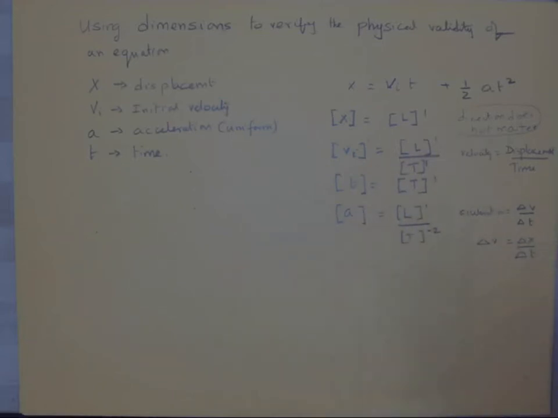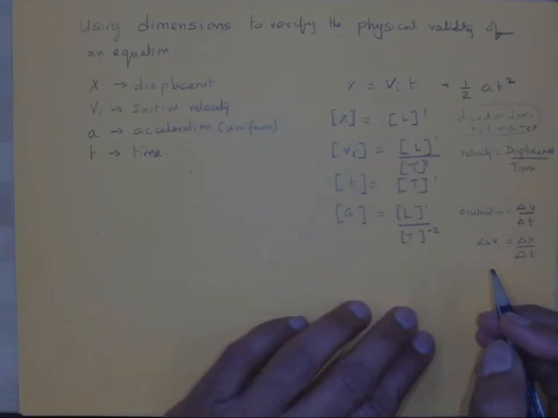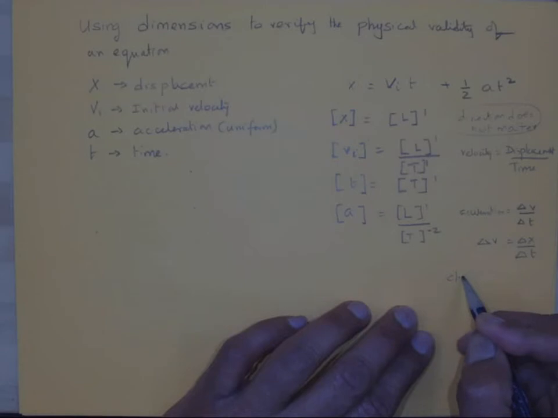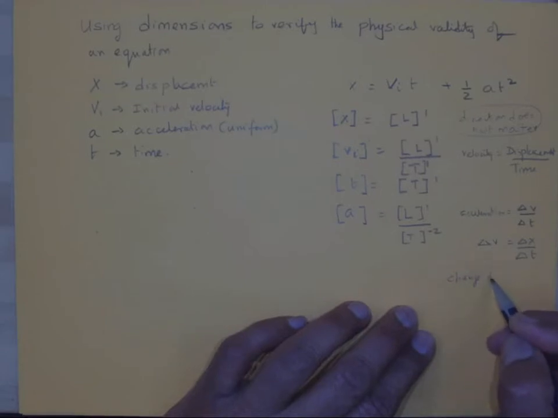Acceleration. Now we know acceleration to be equal to change in velocity over change in time, and change in velocity is equal to change in displacement over change in time. Once again, we see change does not change dimensions.